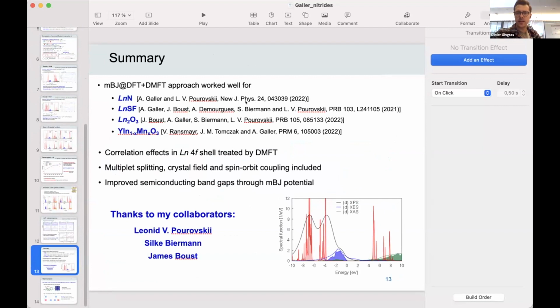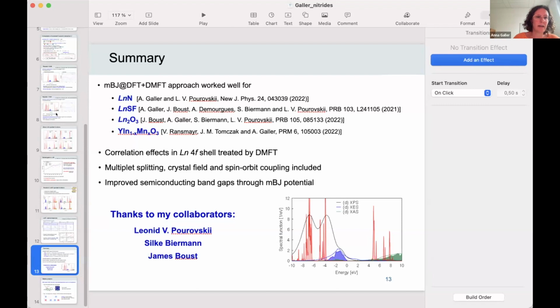Okay, next question from Kanda. Hi, sorry, for some reason my hand raise is not working. I just wanted to ask a question about the method again. So you have the MBJ potential and you run it through the DMFT cycle only once. Would it matter if you wanted to do it self-consistently and run it through the cycle more than once until you get complete convergence on the densities?